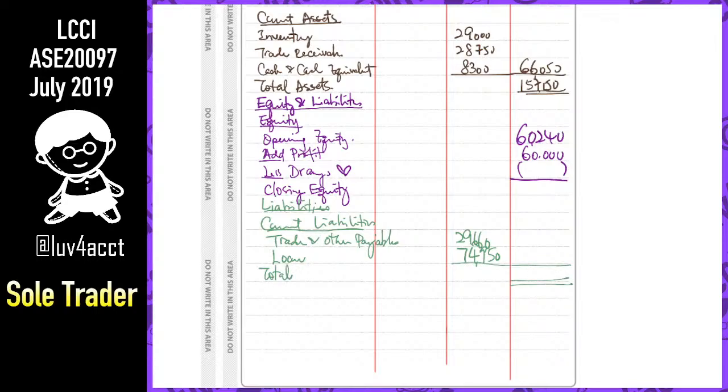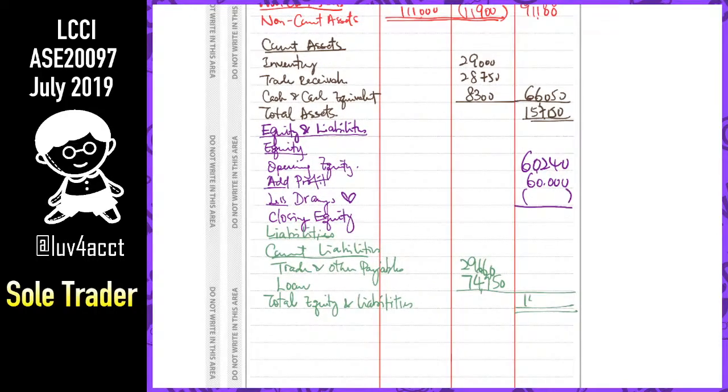Total equity and liabilities is 157150. This is from here. 104610.